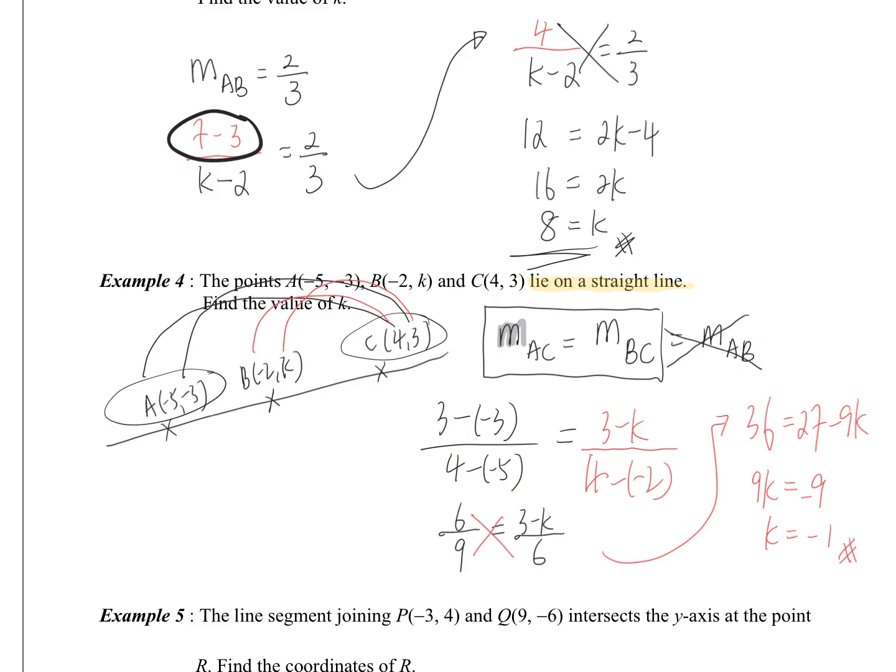Okay, there's another term that I'm not sure if you were introduced to in lower sec, which is collinear. When 3 points lie on the same straight line, we call them collinear points. You know, we say colleagues, company, all the co-, it just means they are in a partnership. So when these 3 points lie on the same line, we call them collinear points.